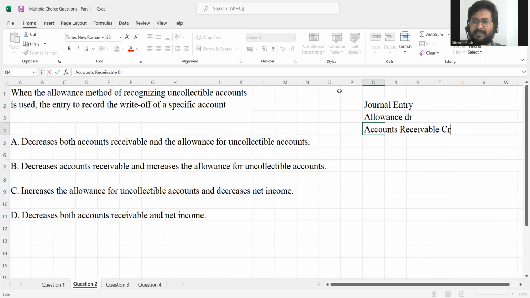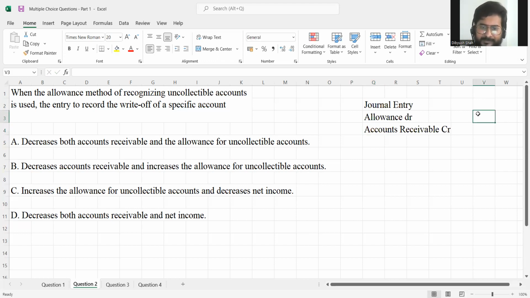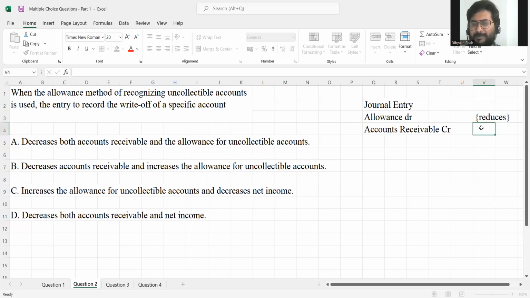Now allowance is a contra asset account, meaning an asset account with a credit balance. So when I am debiting it, it reduces. Accounts receivable is an asset account with a debit balance. When I'm crediting it, it reduces. So AR at NRV will stay the same, but any write-off will reduce both the gross accounts receivable and also the allowance account.